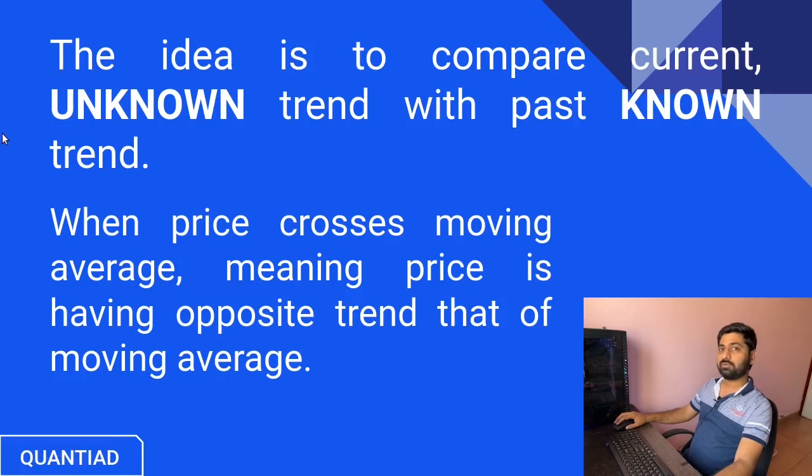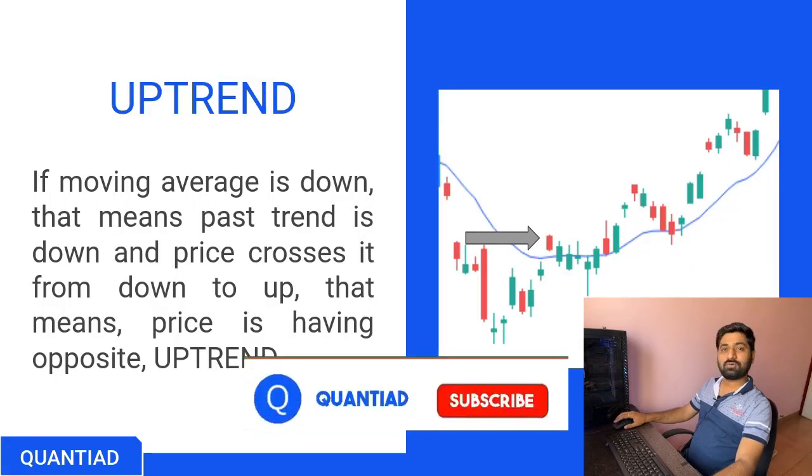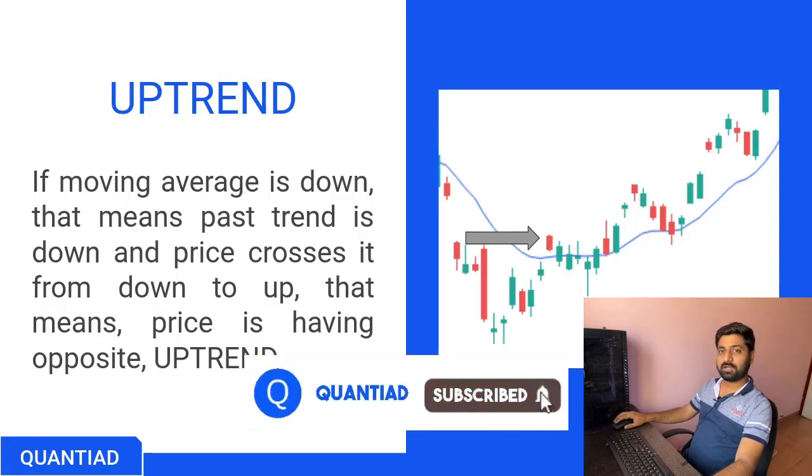So how are we going to use this in trading? The idea is to compare the current unknown trend, because prices are random, so the current trend is not known to us, with the past known trend. When the price crosses the moving average, that means the price has an opposite trend to the moving average. So how do you find an uptrend?